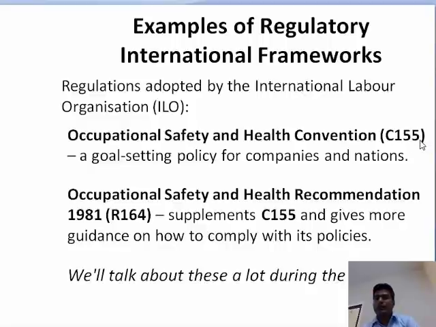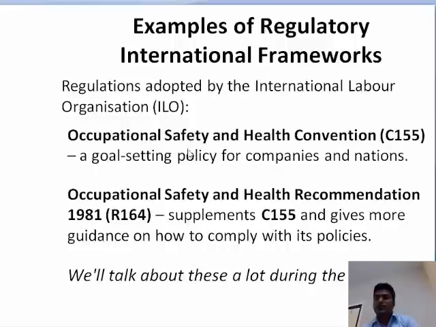In the field of health and safety, there is the C155 convention, a regulation adopted by the International Labour Organization, the Occupational Health and Safety Convention C155, setting goals and policy for companies and nations.